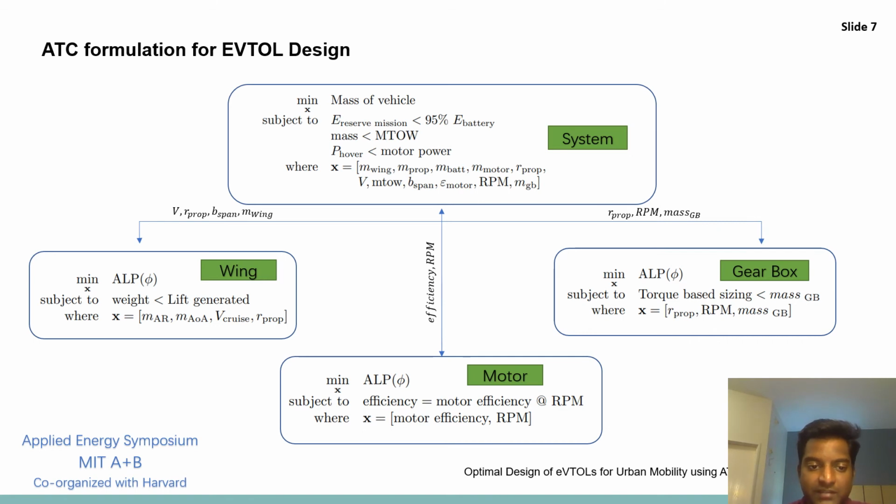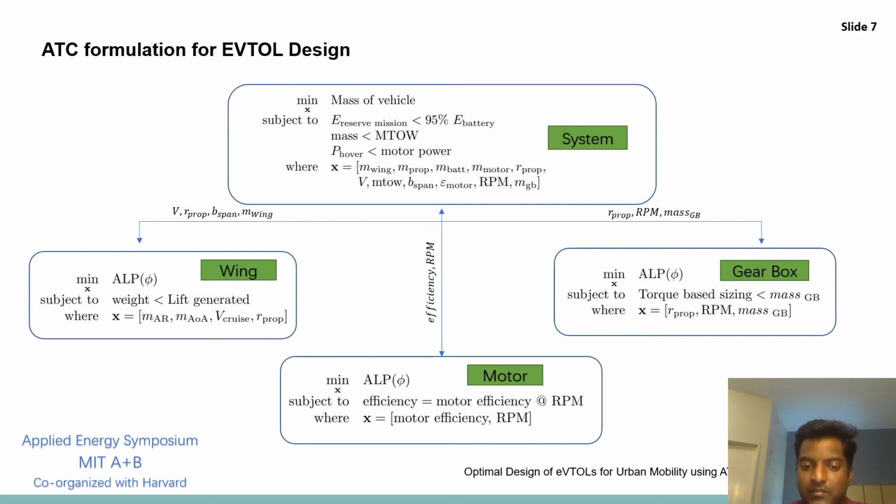This penalty function just ensures that at the end of each and every iteration, the local copy of all the design variables is closer to the system level copy of design variables as each iteration progresses. And similarly, all the other subsystems also have the same augmented Lagrangian penalty function as the objective function. And coming to the motor, the functionality of the motor subsystem is to compute the efficiency at a given RPM and torque point.